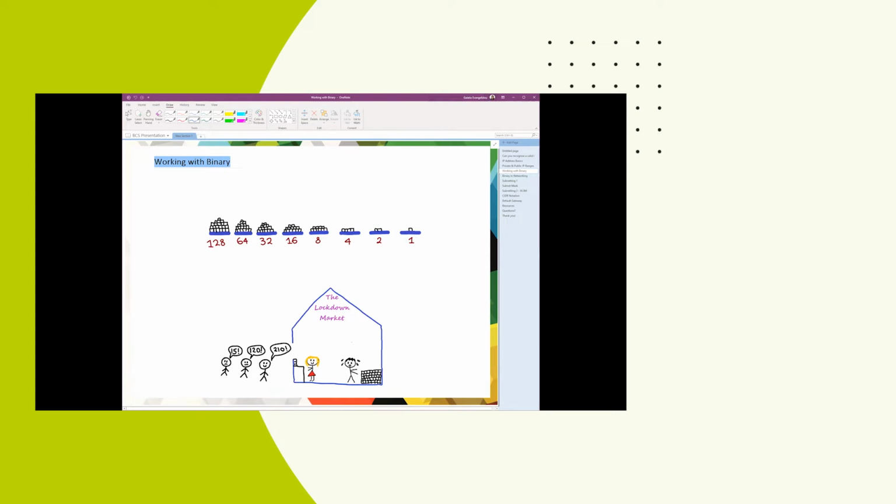We have got the lockdown market. I have named this shop the lockdown market because they sell IT kits: webcams, headsets, and microphones for companies to try and survive throughout the lockdown.